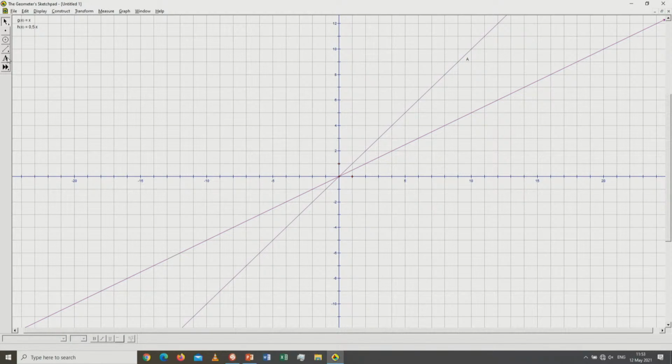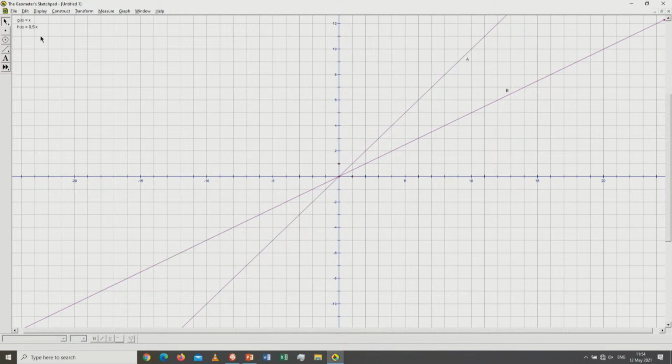Now the second one, let me name it B. You see now, the gradient of A is 1. The second one, B, the gradient is 0,5.